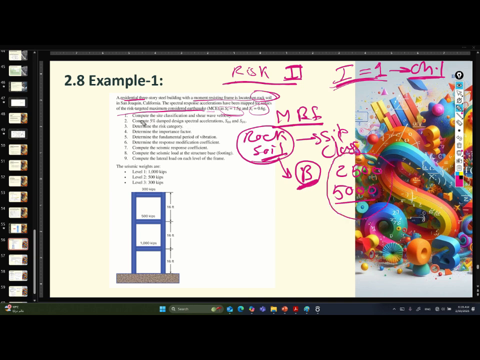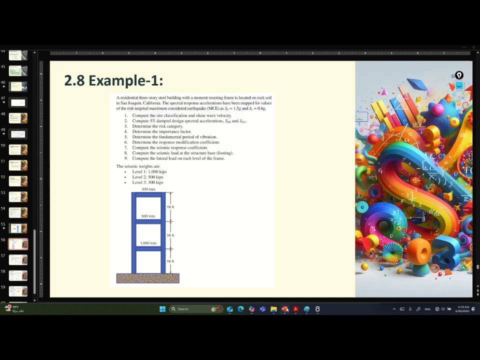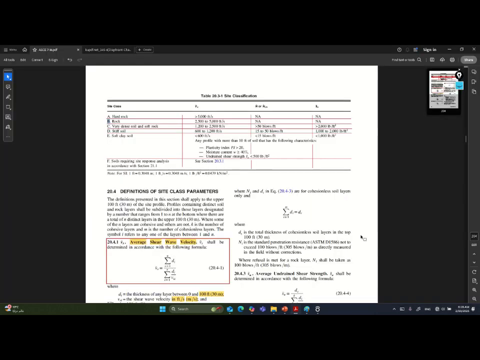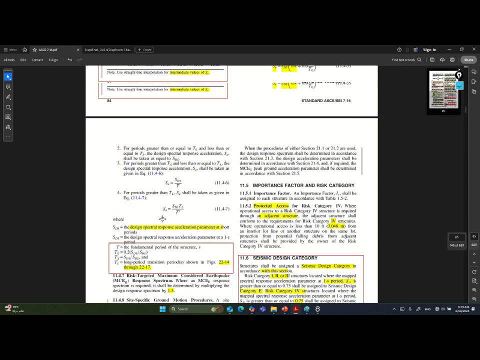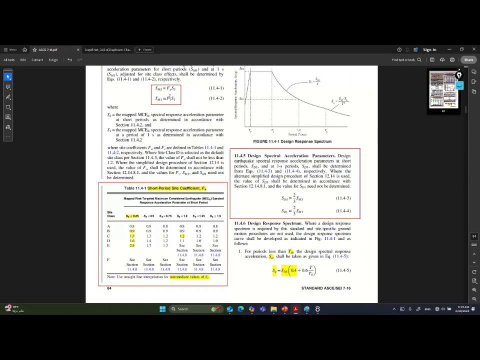The second one asks to compute the 5% damped spectral acceleration, SDS and SD1. After getting the site classification, I will go to chapter 11, because it is the seismic design criteria, where I will be able to calculate my Fa and Fv based on the SS given to me. It is more than or equal to 1.5, and site class B, so Fa will be 0.9.